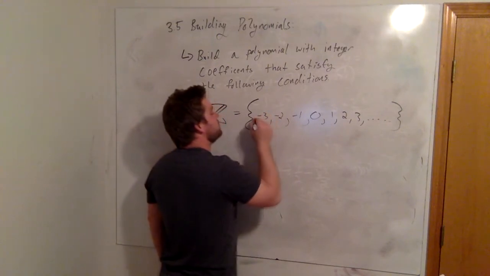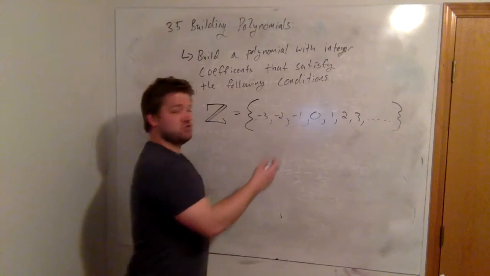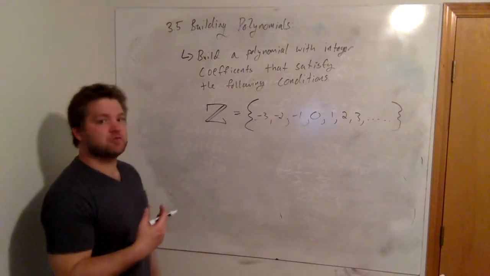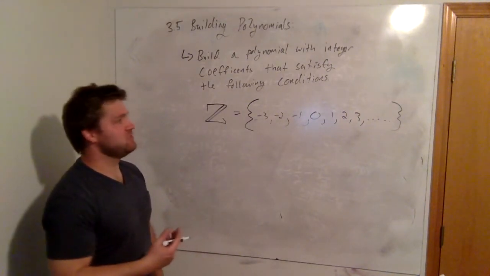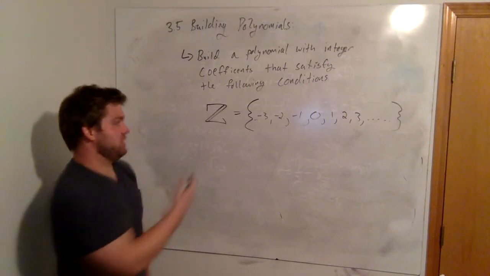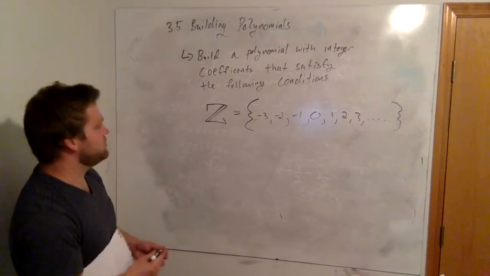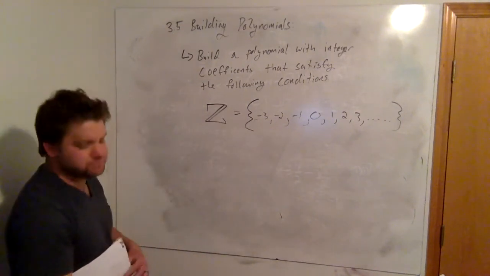For all these polynomials that we're going to build, I want the coefficients to be integers. So I can't have the coefficients be a fraction, and I can't have the coefficients have square roots in them. The coefficients have to be integer values. So that's what it means that the polynomial has to have integer coefficients.